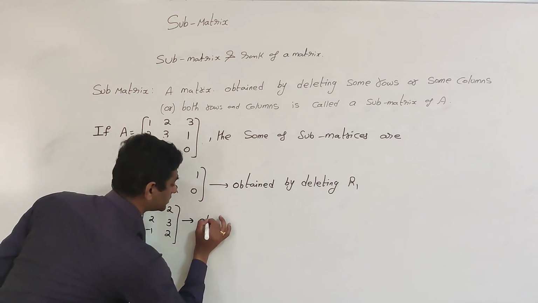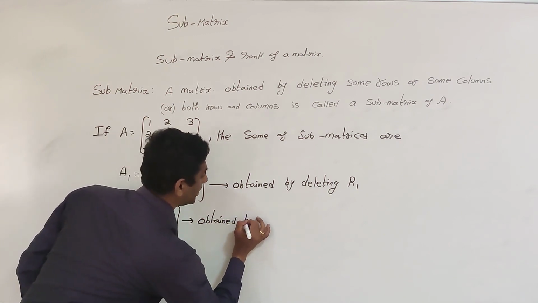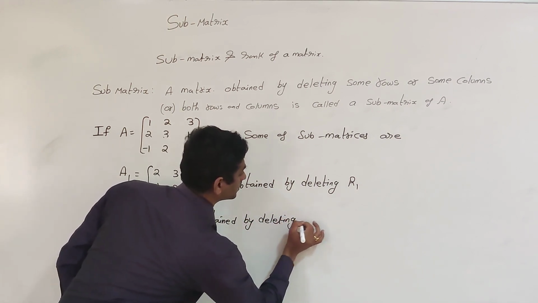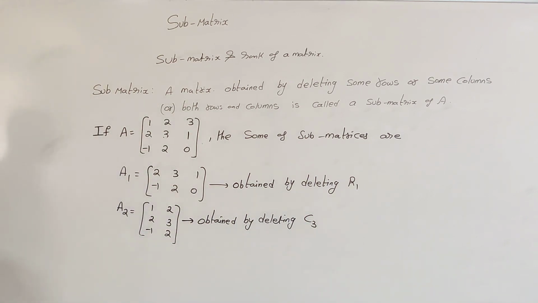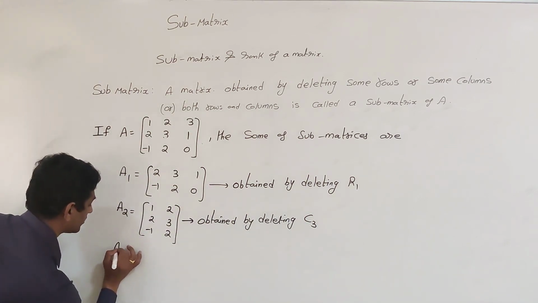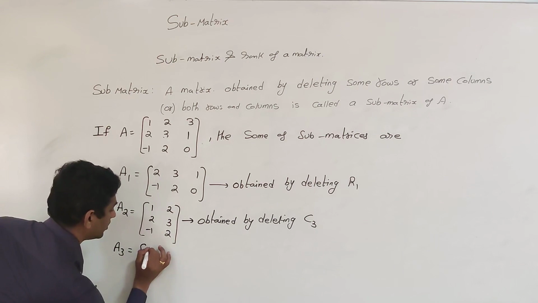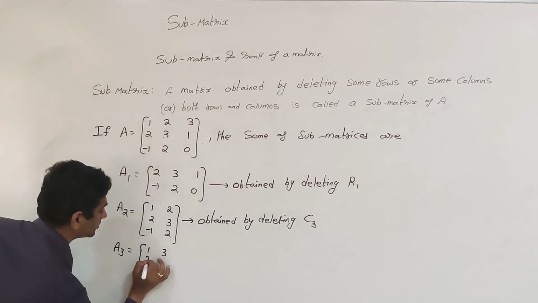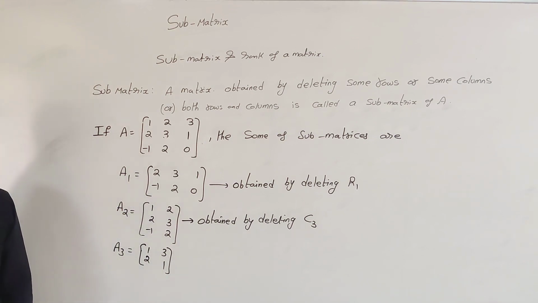So it is another submatrix obtained by deleting column 3. Next, A3, 1, 3, 2, 1, which is also a submatrix.